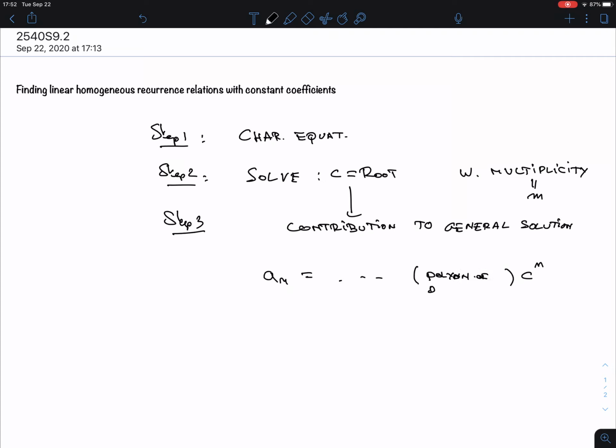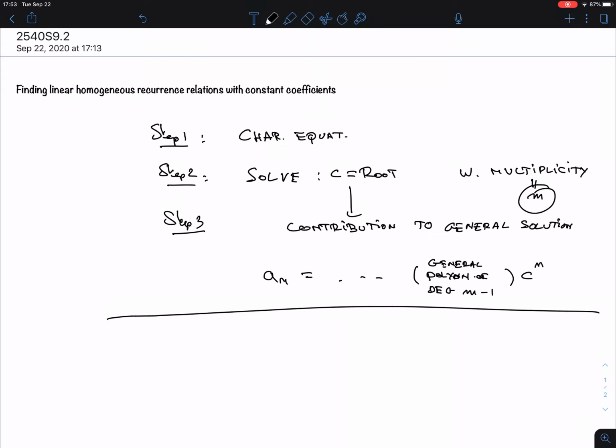What was the degree of this polynomial? One less than the multiplicity, degree m minus 1. And that was a general polynomial, meaning the coefficients of this polynomial were these Greek letters, alpha, beta, gamma, and so on, that we did not know yet. That's how we built this. And then we would determine this alpha, beta, gamma, and so on.